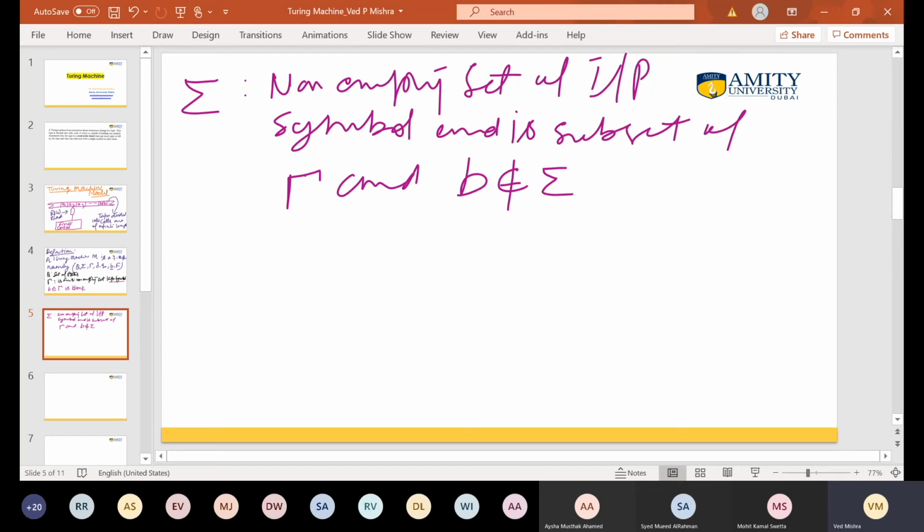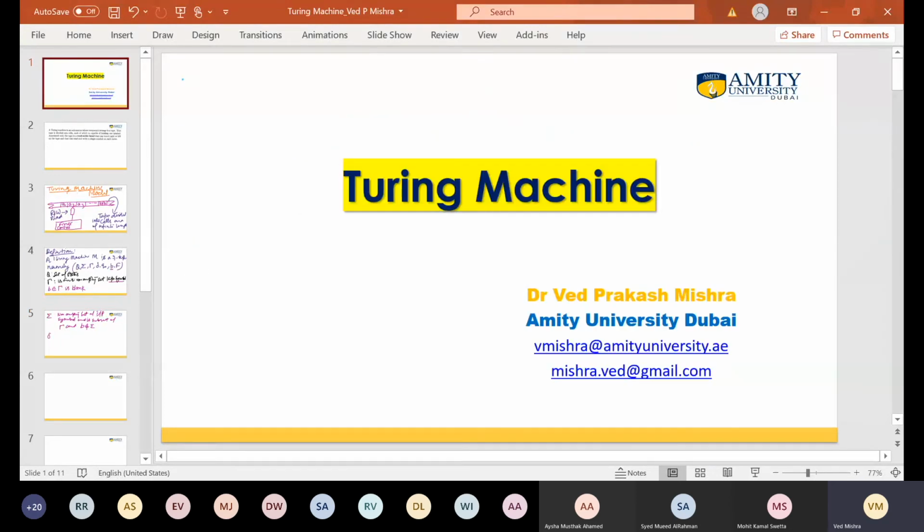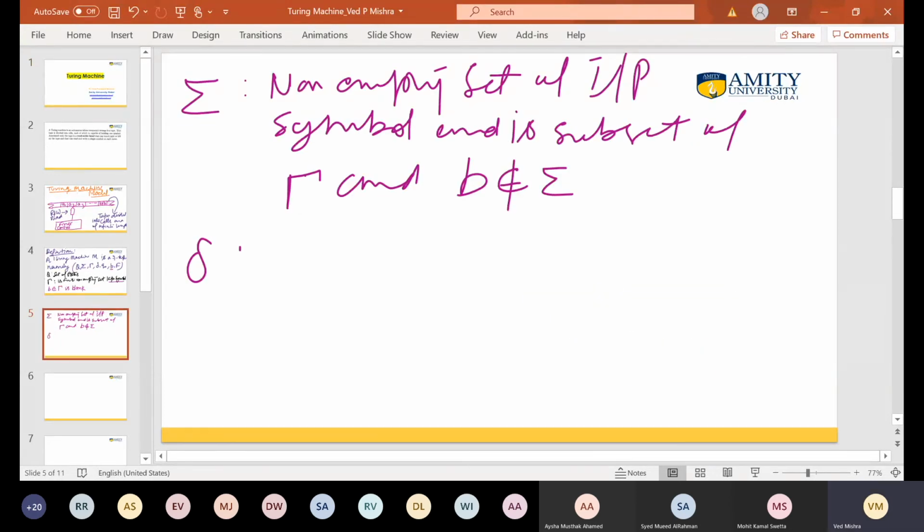Okay. The main thing in every state you must have seen is delta, because using delta only we move. This is a transition function. You can say delta is the transition function mapping.